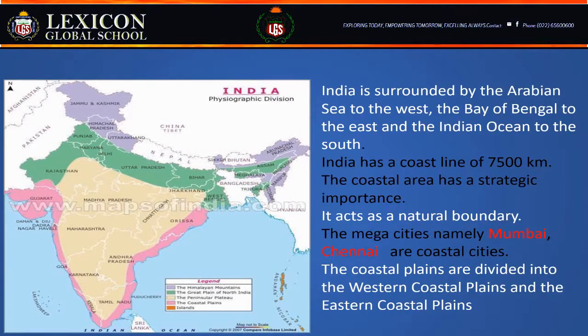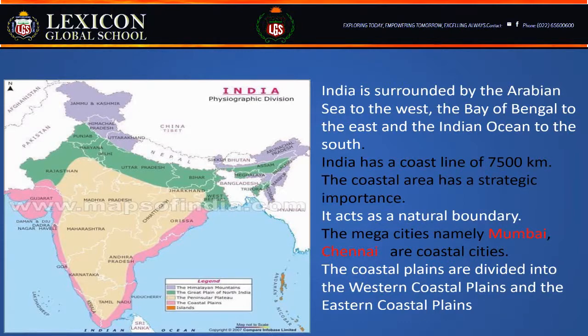The coastal area has a strategic importance. It acts as a natural boundary. The mega cities, Mumbai, Chennai, are all coastal cities. The coastal plains are divided into two types, that is the western coastal plains and the eastern coastal plains.